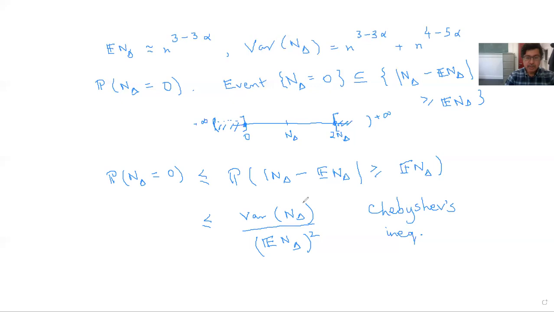Okay, and so we calculated this. I've written this here. So we are just going to substitute, and I have to do that on the next page. So now let me remind you of the notation. We are looking at G(n,p) with p equals n to the minus alpha.